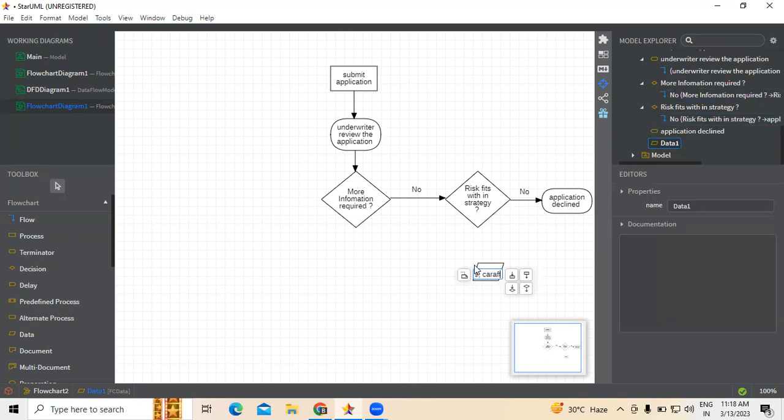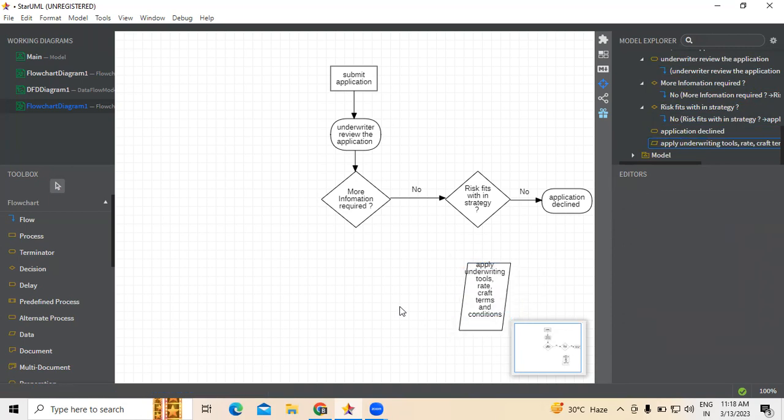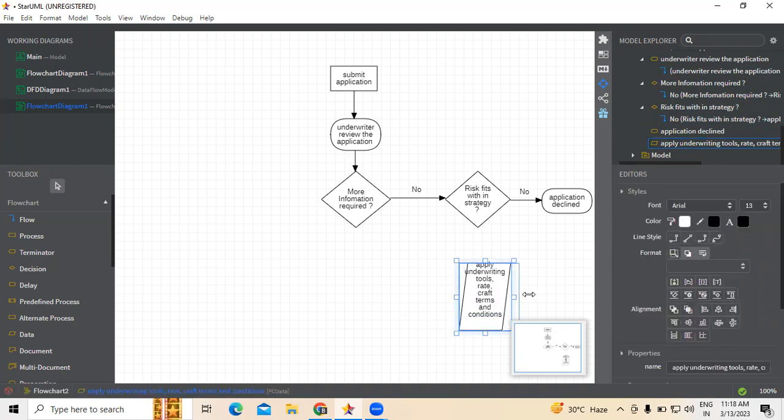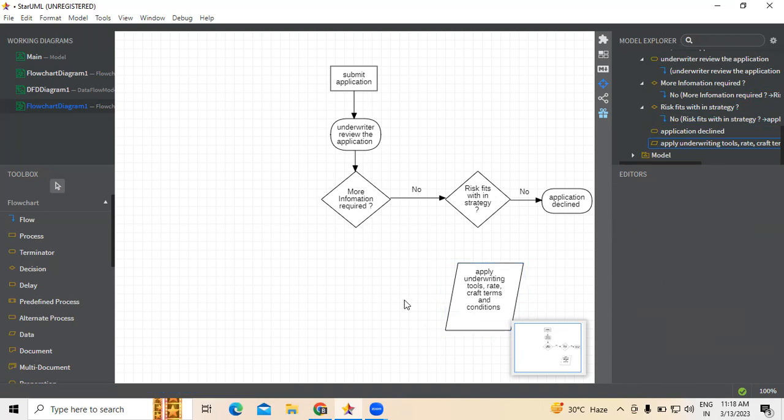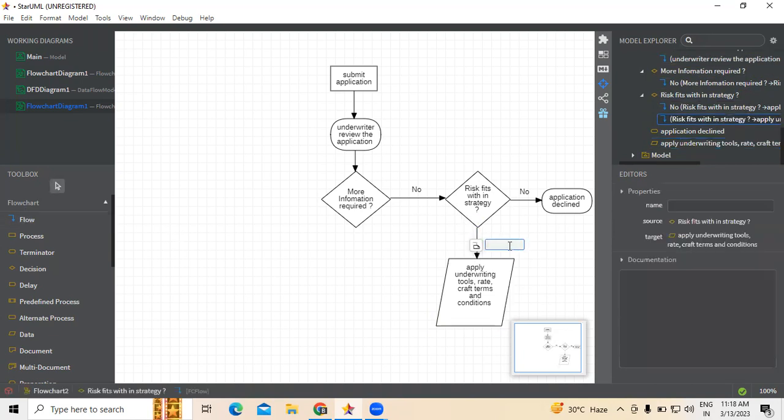At the same time, we need to craft the terms and conditions, if that information was agreed. Whenever we are applying this, we have to understand this process well in advance. So if the risk is accepted, then we have to go for this.